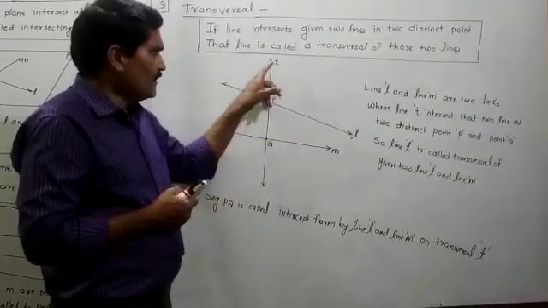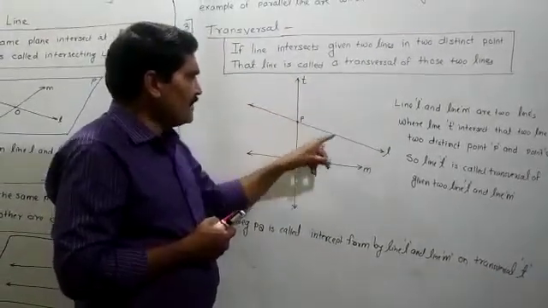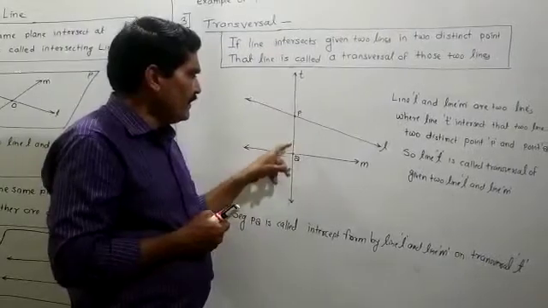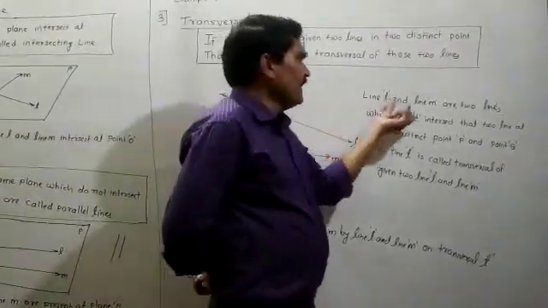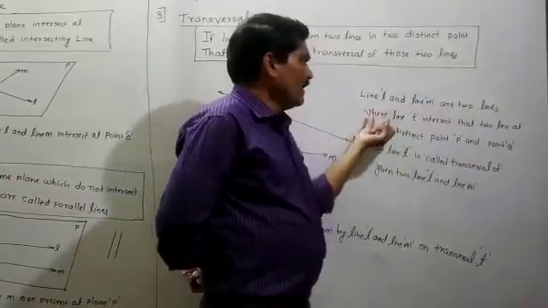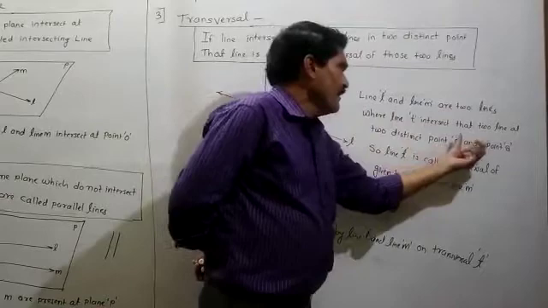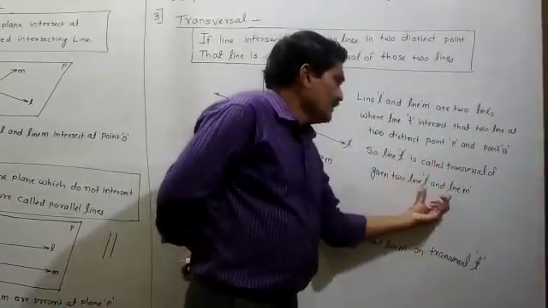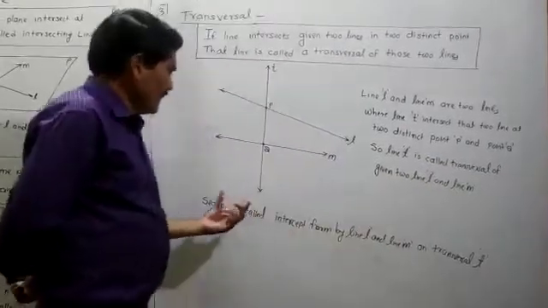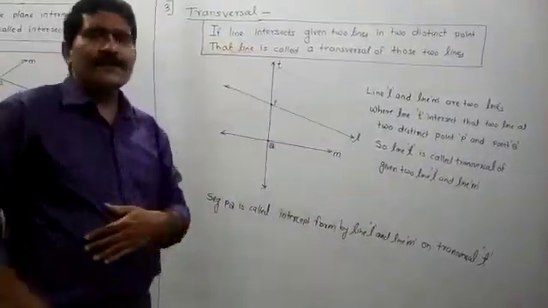The transversal will intersect line L and line M at point P and at point Q. So I will write this as: line L and line M are two lines where line T intersects those two lines at two distinct points P and Q. So line T is called the transversal of the given two lines L and M. Then again I will say, for this transversal T, what is the meaning of intercept?